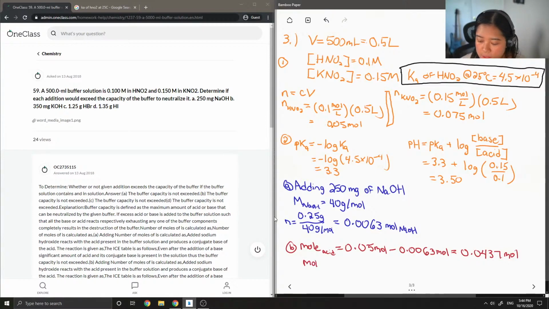Then we're going to find out how many moles of base there is. So it's the 0.075. This time we're going to add 0.0063 moles. Then for the total moles of base, you get 0.0813 moles.